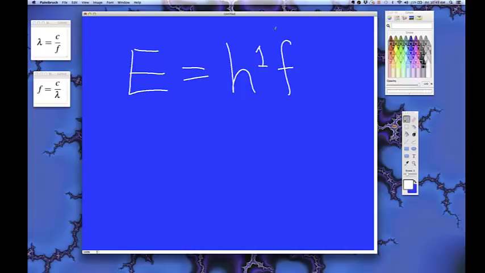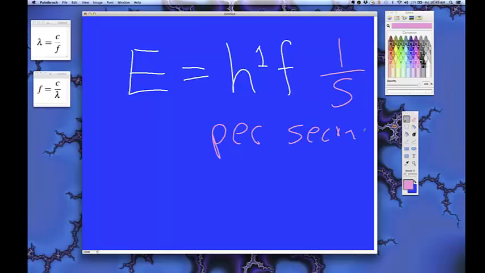Because there's a frequency term, this equation is written in the domain of per second. So this equation can be nothing other than the energy of a 1 second time interval.